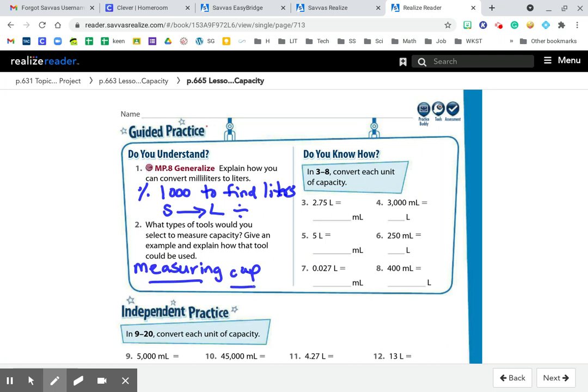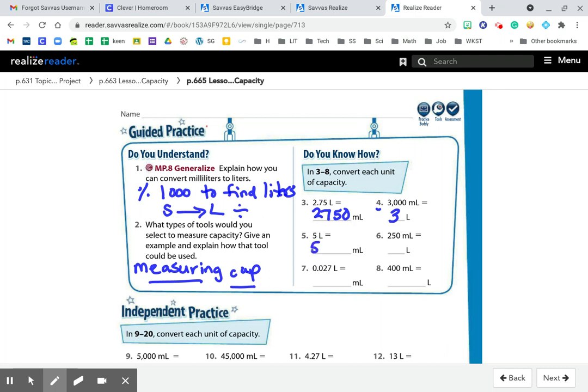So 2.75 liters to milliliters, we're going larger to smaller. We're going to multiply by 1,000. We move the decimal 3 places, 2,750. For number 4, milliliters to liters, from smaller to larger, we divide by 1,000, so we have 3 liters. For number 5, we're going from larger to smaller.